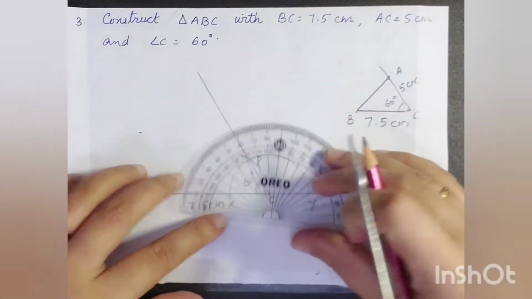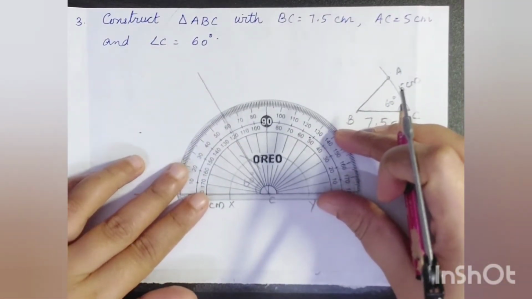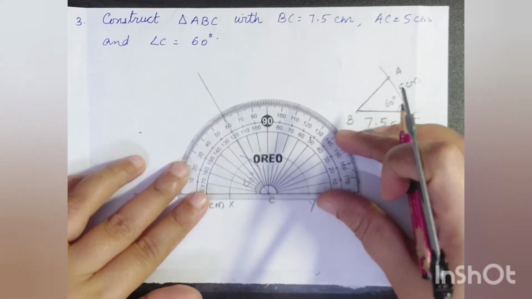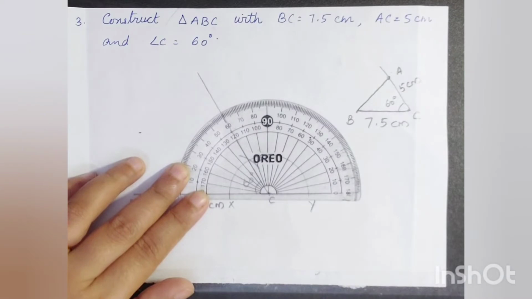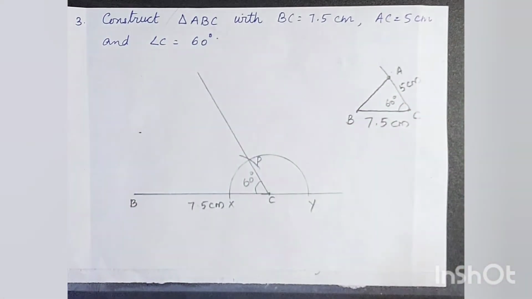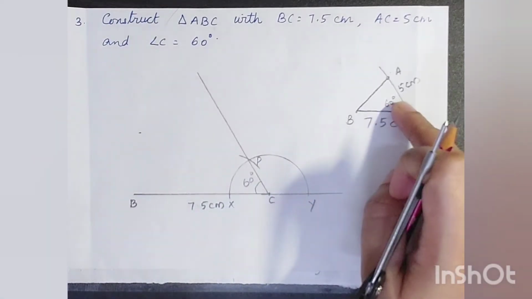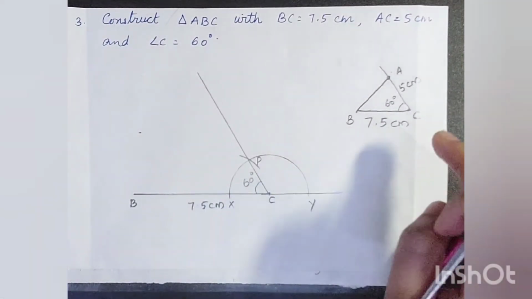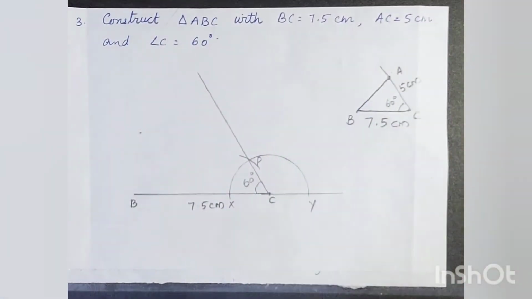Okay, you can check with your protractor. See, this is equivalent to 60 degrees. Okay. Now we have got the angle 60 degree here. See, angle C 60 degree we have got. What is the next step? AC is equal to 5 centimeter. For that, what should we do?